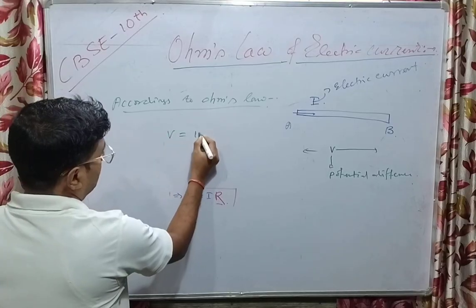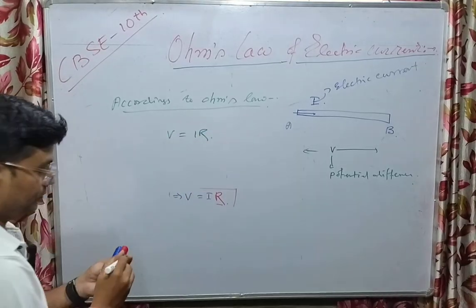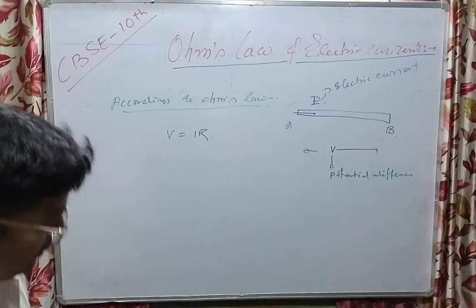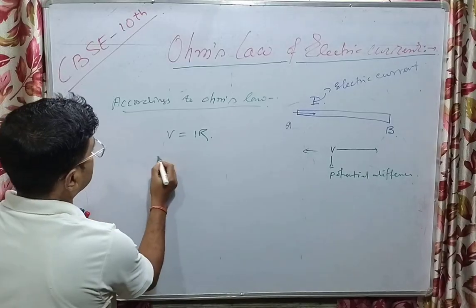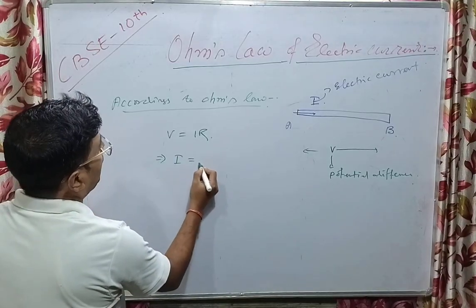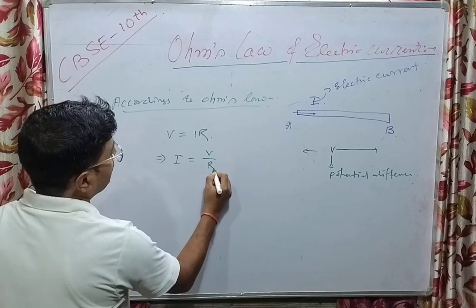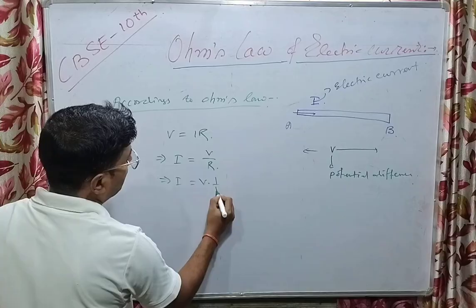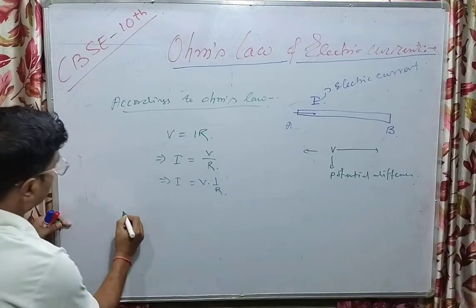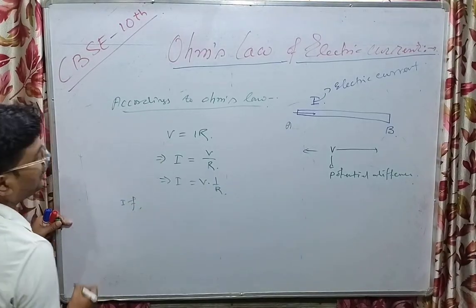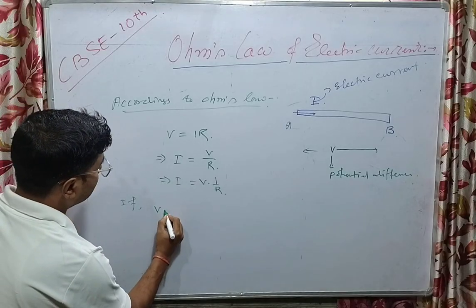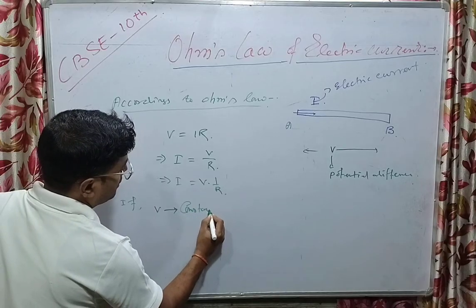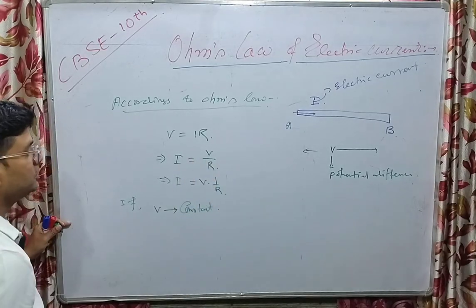We have V is equal to I into R. Suppose the amount of current is equal to V by R. It means I is equal to V into 1 by R. Students, if the potential difference is constant, what will happen here?